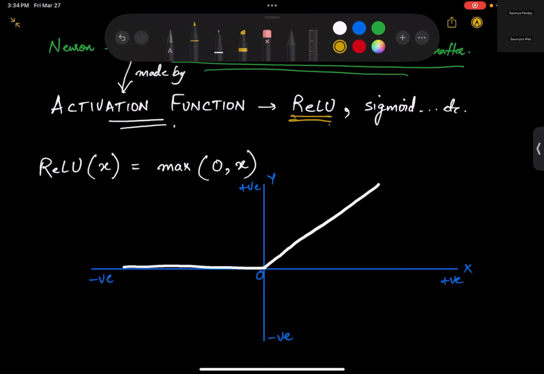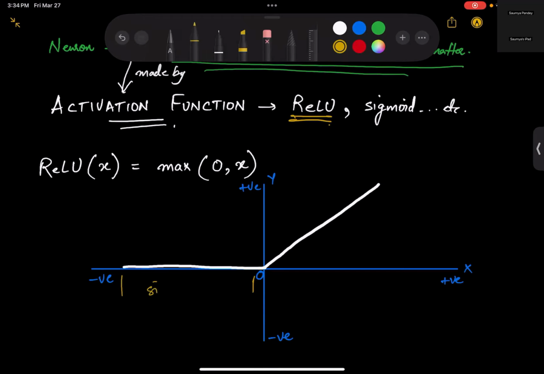So ReLU says, if the signal is negative, set it to 0. So here the signal is negative, this part. Here we have a straight line on the x-axis, which is 0.